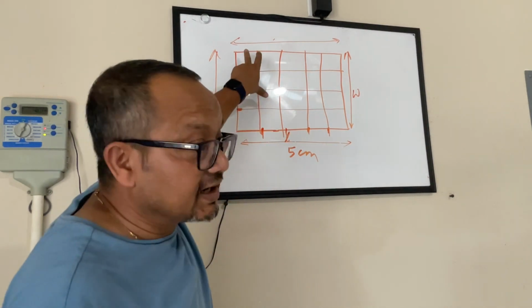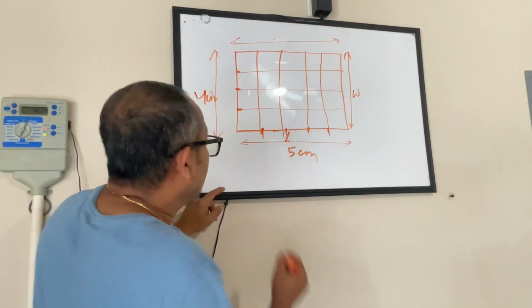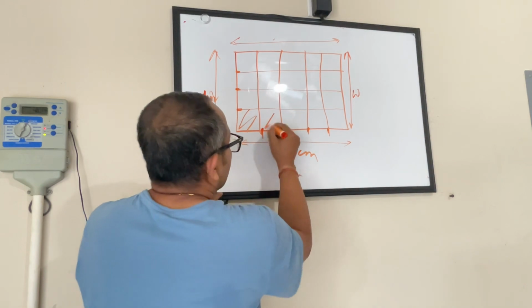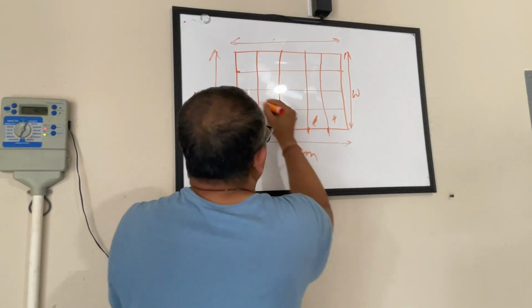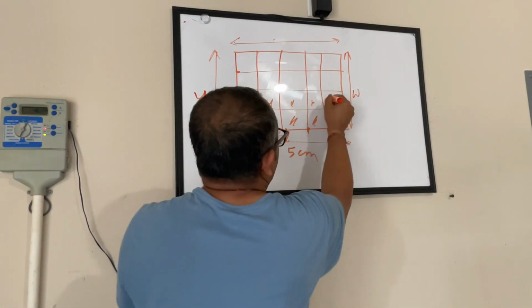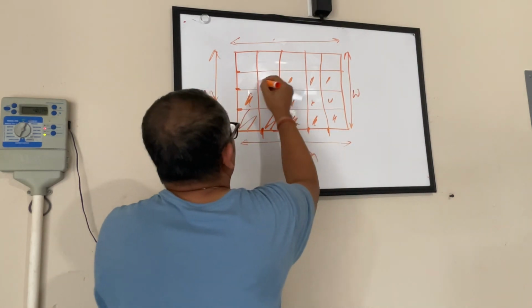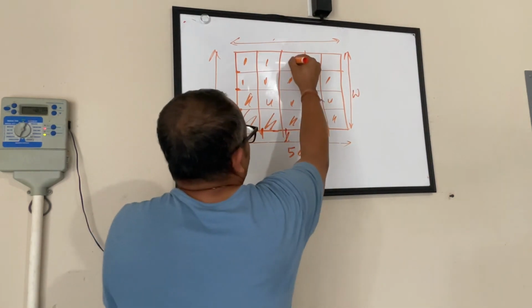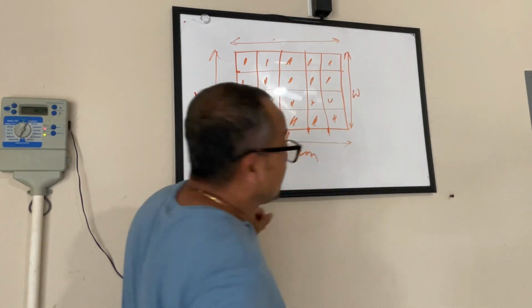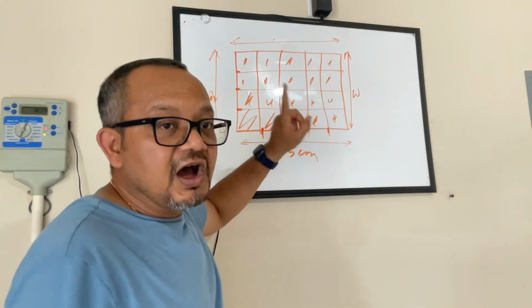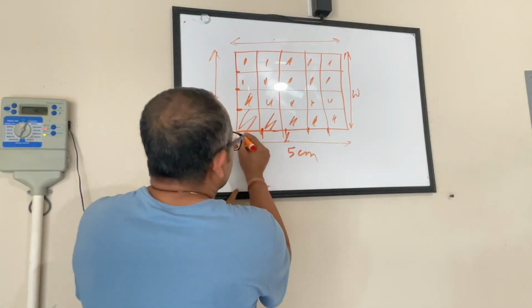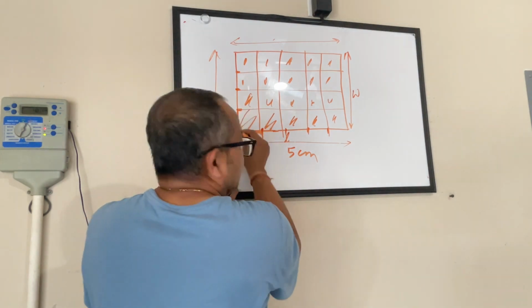If you look at this rectangle, what has happened? There are 1, 2, 3, 4, 5, 6, 7, 8, 9, 10, 11, 12, 13, 14, 15, 16, 17, 18, 19, 20. 20 boxes, each box being 1 centimeter in length and 1 centimeter in width.